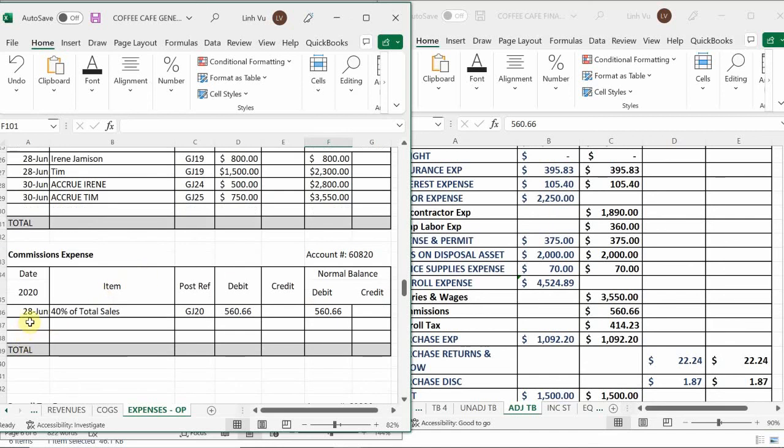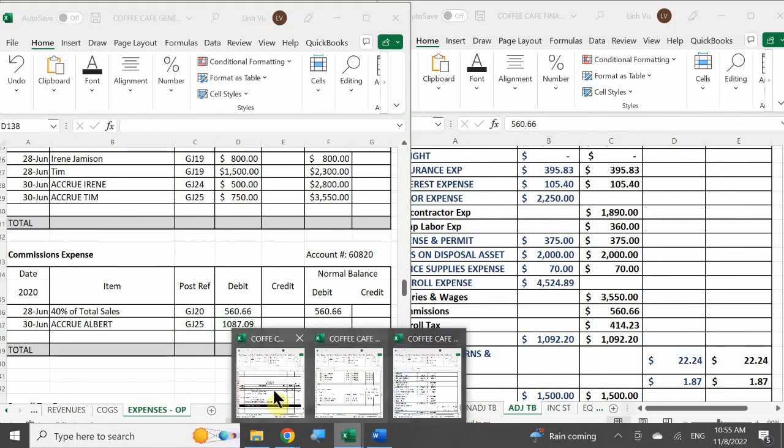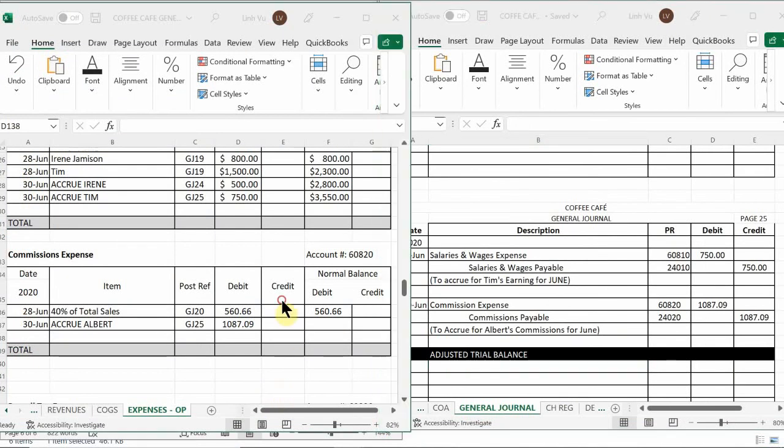Commissions expense. We need to add that accrued commissions for Albert. So accrue for Albert on the 25th. For that was at 1,087.09. Let's double check my journal for that. 1,087.09.